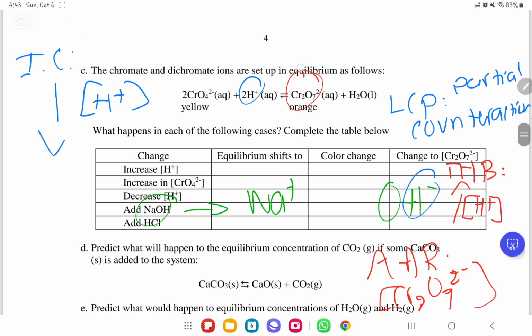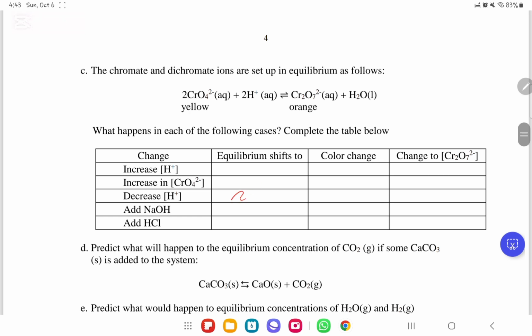Why? Because we're taking concentration from here. So the products are now giving to the reactants. So this is a backward or left reaction. That means adding NaOH will shift the equilibrium to the left. The color will change to yellow, and this concentration will decrease.